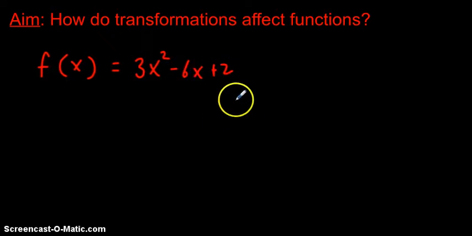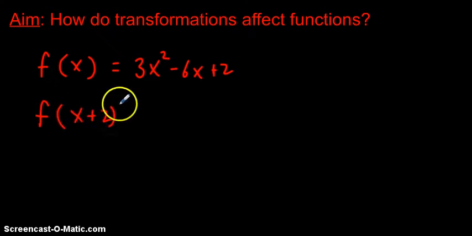And we transform this function. Now we have options. We can add a value to x, so add 2. And what that will do is shift the graph 2 units to the left.